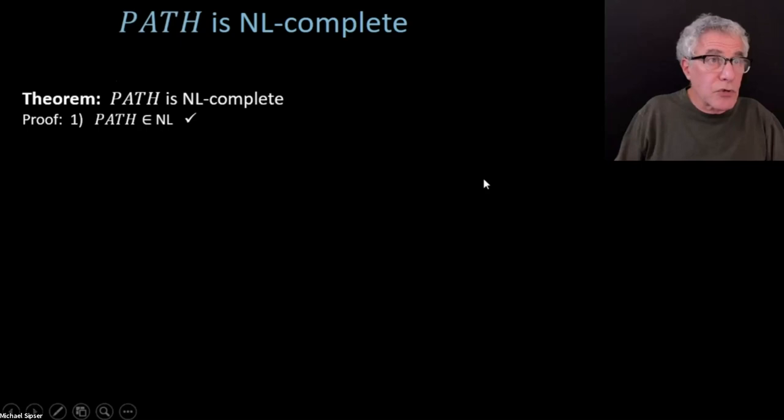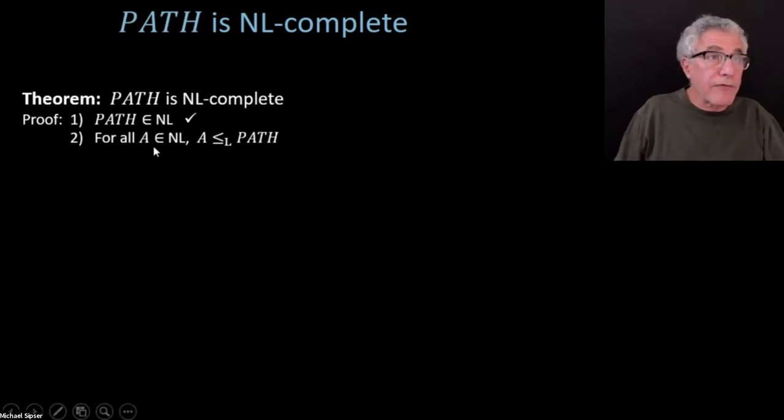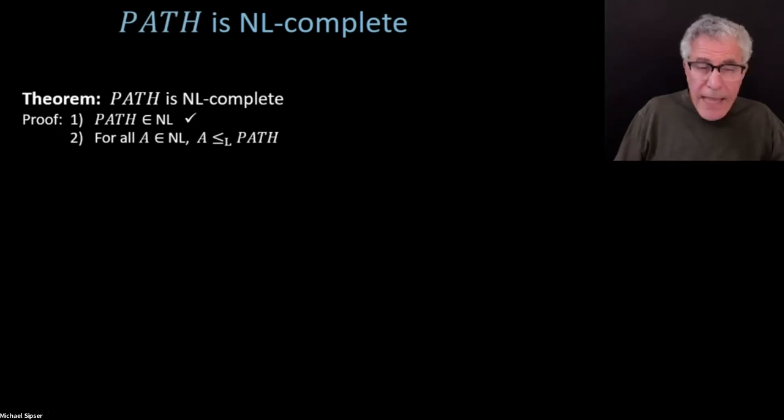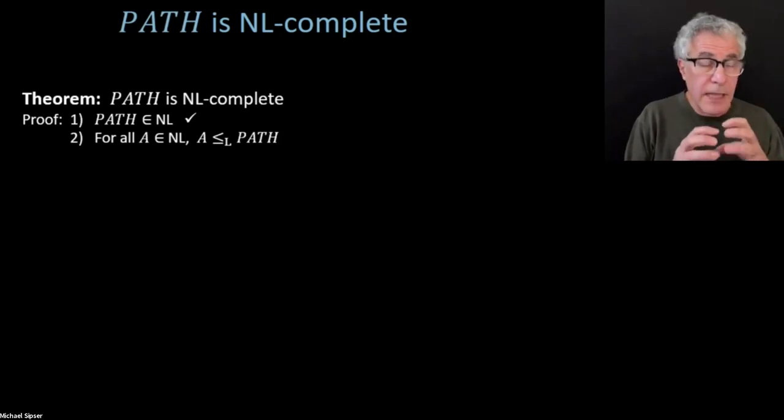Okay, so let's see why that is. First of all, the two components of being complete are being in the language and the reduction part. Being in the language we've shown already. Now we want to show that any other language in NL is going to be log space reducible to path. In a certain sense, this may not feel so surprising.